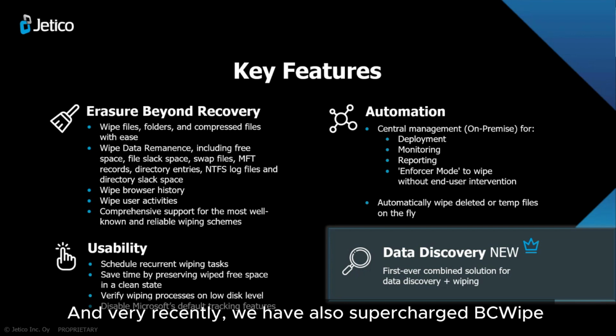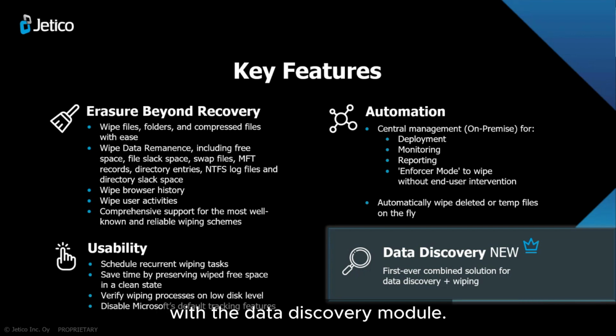And very recently, we have also supercharged BCWipe with the data discovery module. Before, BCWipe was just a tool that you could point to a given file or data remnants and say, I want this gone. Now BCWipe is a whole solution that can let you discover files. And this doesn't only cover the files that you know you're looking for.